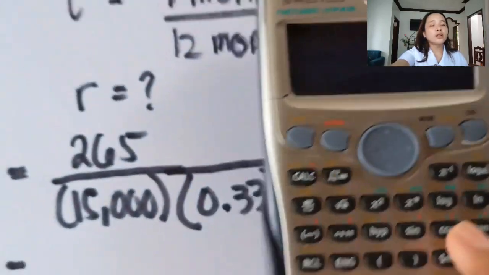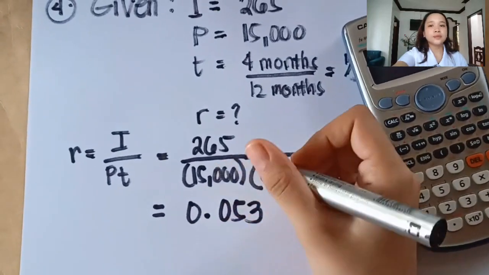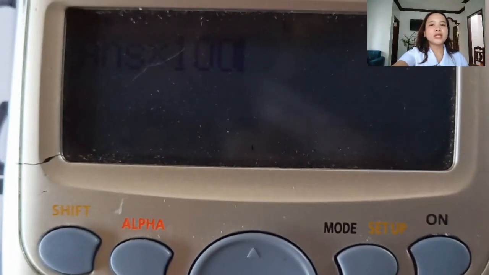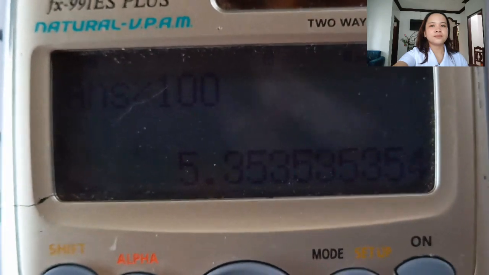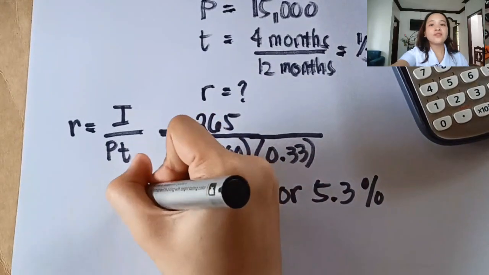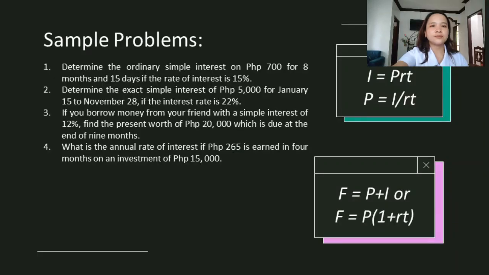We calculate this, just input all the data, equals 0.053 or 5.3%. So we have the answer for the rate of interest, which is 5.3%. Therefore, the annual rate of interest is 5.3% if 265 is earned in 4 months on an investment of 15,000.